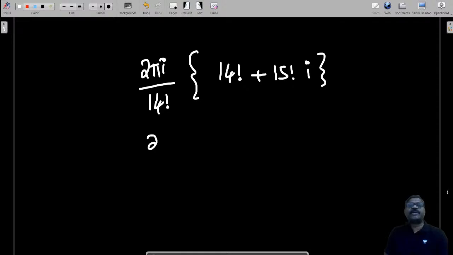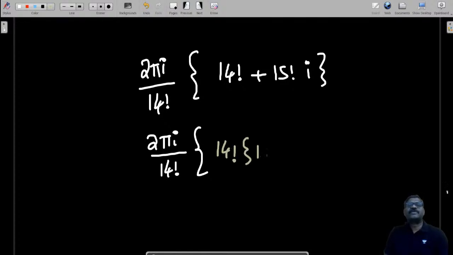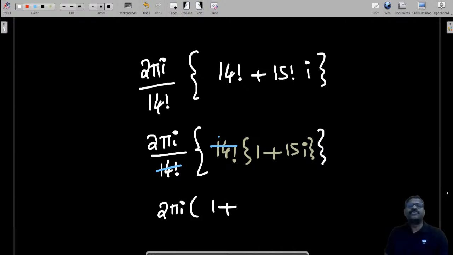Take 14 factorial common. Inside, 1 plus 15i, bracket close. This 14 factorial and 14 factorial cancel. So the result is 2 pi i into (1 plus 15i).